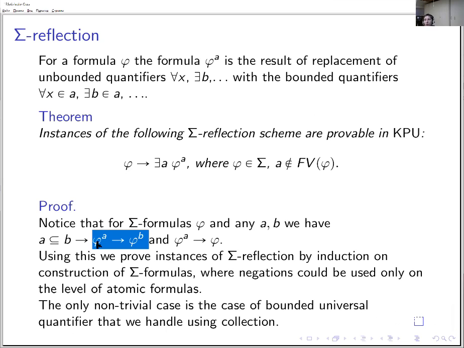And of course, if a sigma formula holds on some restricted domain, then it holds on the unrestricted domain. This allows for a very easy proof by induction. Due to this persistence, when we have a Boolean connective, we could join the witnesses. And when we have bounded quantification, we could take the common bound for all the bounds, and we could do it by collection. And this allows us to prove sigma reflection.